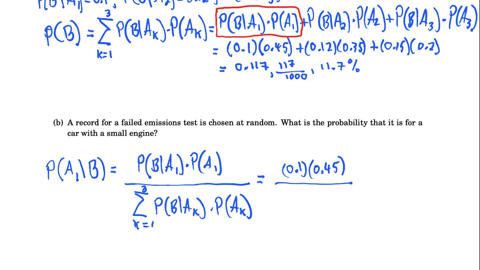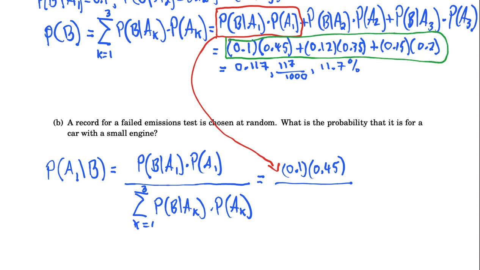So that is the numerator there, and then all of this is the denominator. So put the red over the green and you've answered the question. So we have our 0.117.